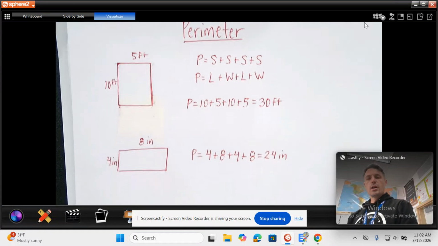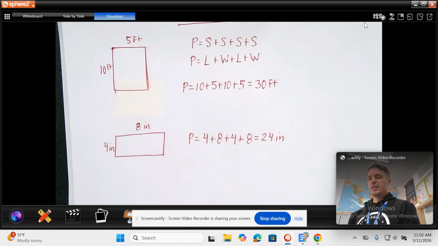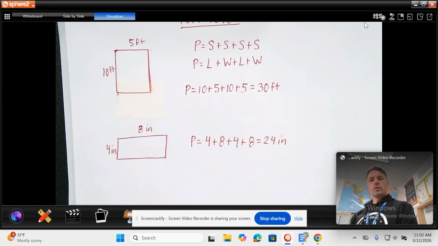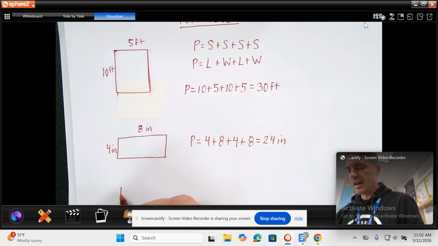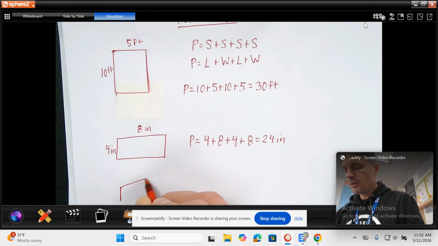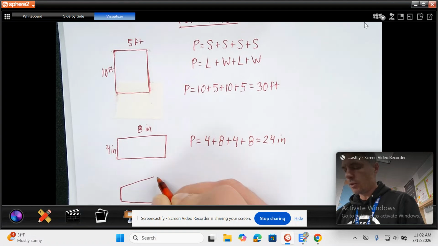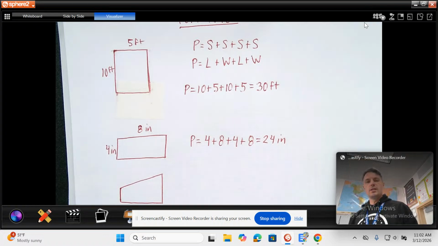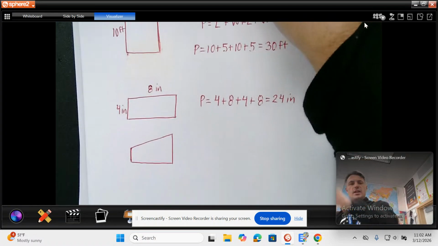Now, in both of these examples, the thing we're finding the perimeter of is a rectangle, but it might not always be a rectangle. It could be a trapezoid. So let's go ahead and do an example like that. Let's say we have a shape like this, and we're told to find the total distance around the entire thing.